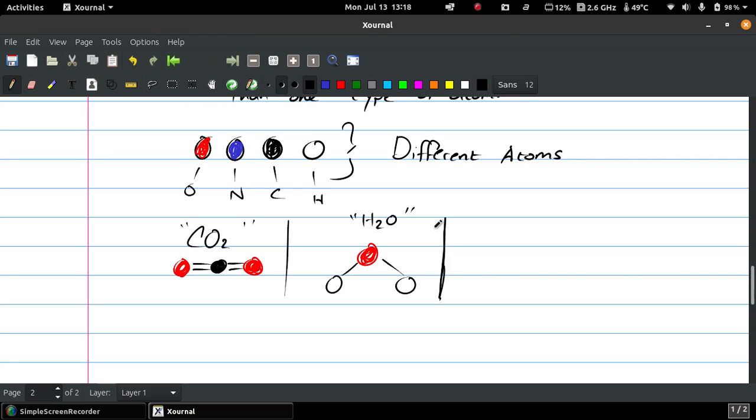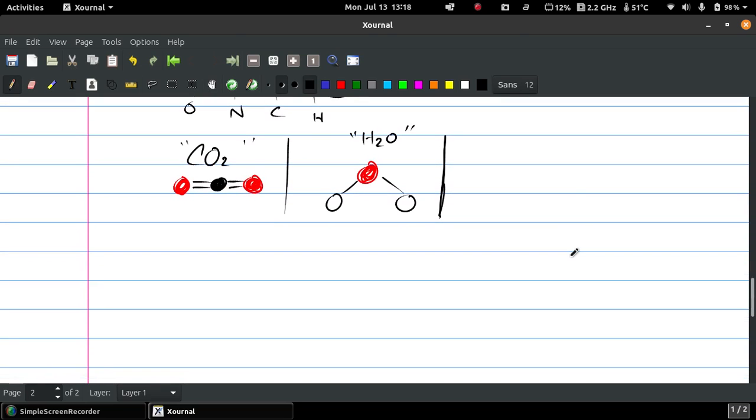Now there are instances when you can have the same element joined together on the periodic table. I'll get into it a little more, but I'll give you a short example. There are 7 of them found in nature in the universe that are bonded together. These are called diatomic molecules.